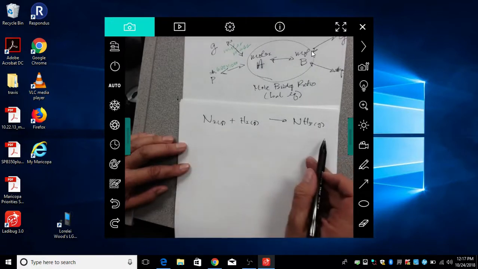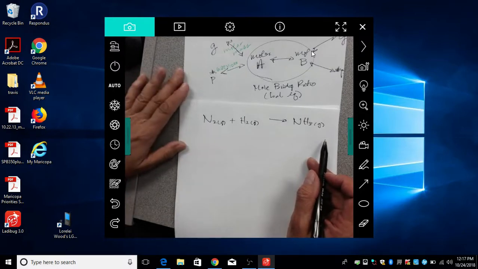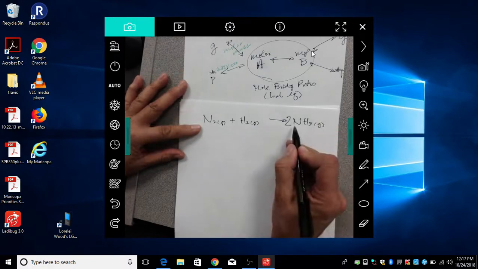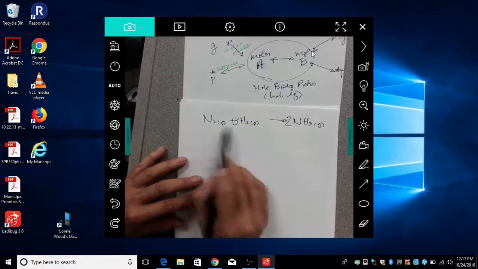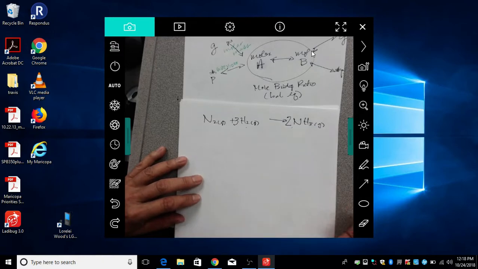Now to balance this is a little tricky. How would you balance this thing? What coefficients would be necessary? I think we need a 2 there to fix the nitrogen, and then a 3 for the hydrogen. I like this one because we've got a 1 to 3, a 1 to 2, or a 3 to 2 ratio that's going to be helpful when we're doing these kinds of problems.